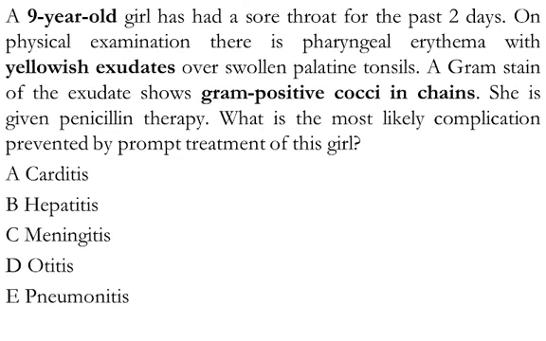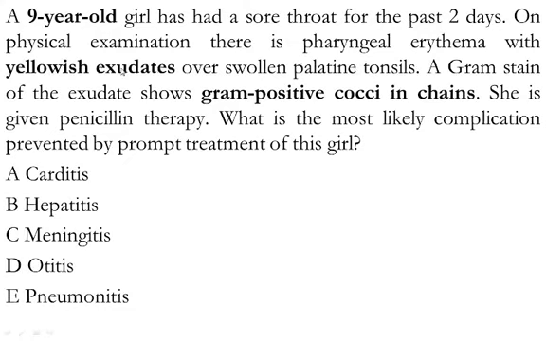For the past 2 days, on physical examination there is pharyngeal erythema. What is this erythema? Erythema means hyperemia, redness of the pharynx, with yellowish exudates over swollen palatine tonsils.